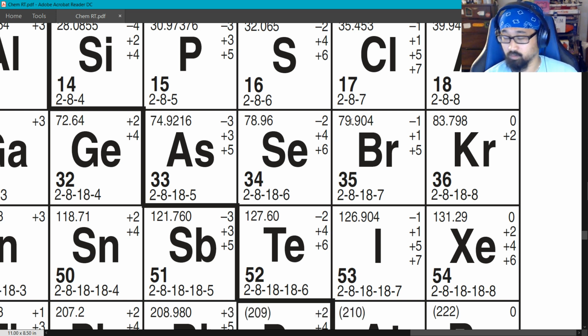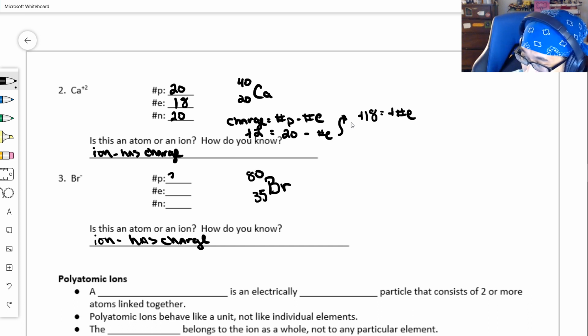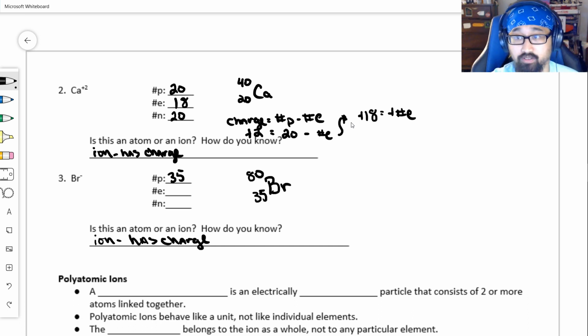Atomic mass, which rounds to 80. So, I'll rewrite it over here, just so that we have it as a reference. Bromine, 35, and 80. The protons is 35. The neutron number is 45. 80 minus 35.